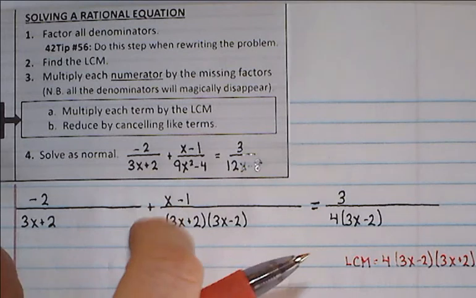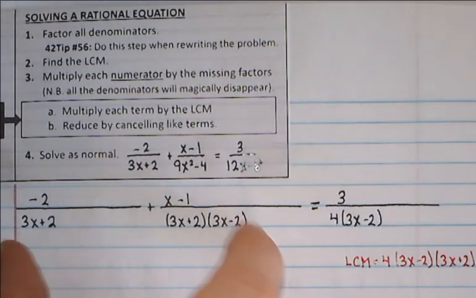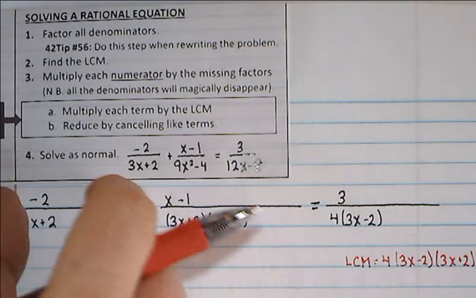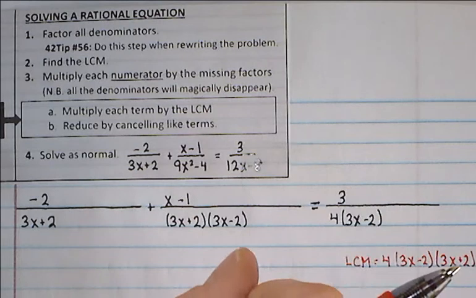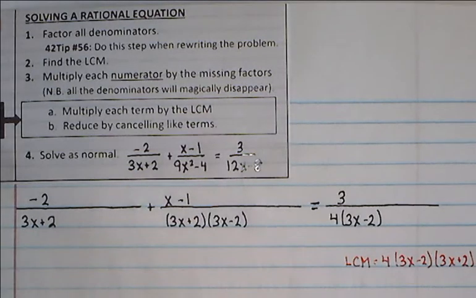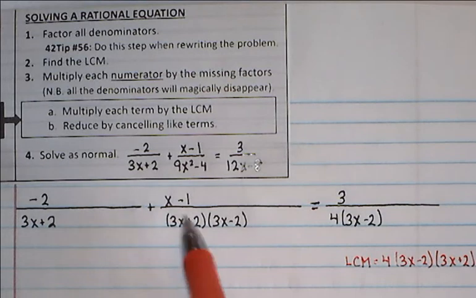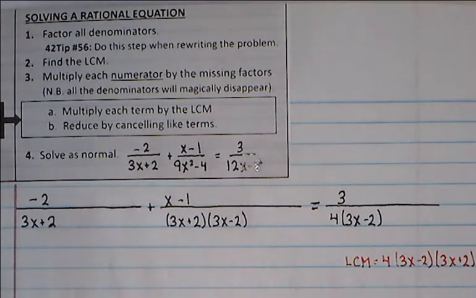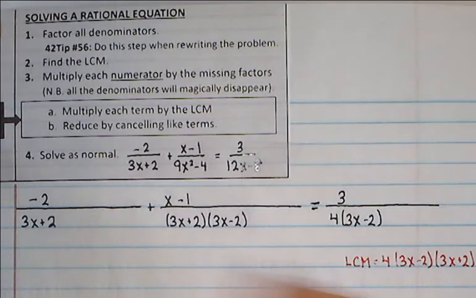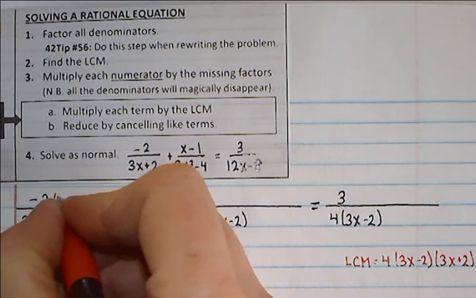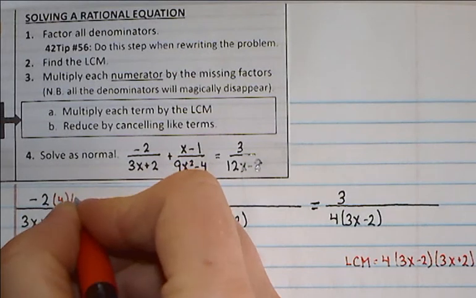The other thing I need to keep in mind is that when I multiply this side by the LCM, I'm going to have to distribute it. So a simplified step that we do here is that if you multiply every term by the LCM, you have both done the same thing to both sides, and you've distributed where necessary. So I'm going to multiply every term by the LCM.